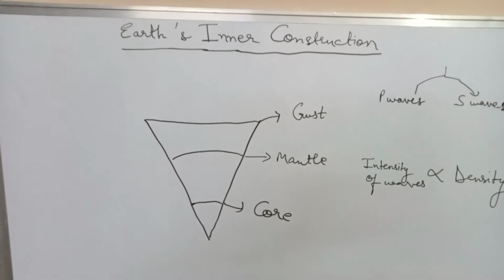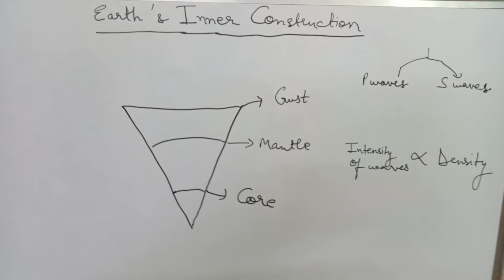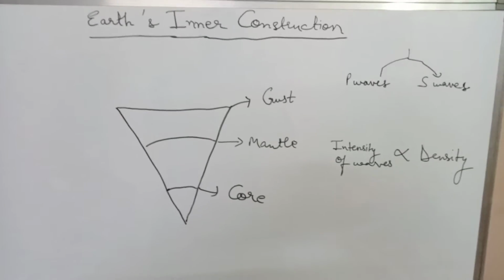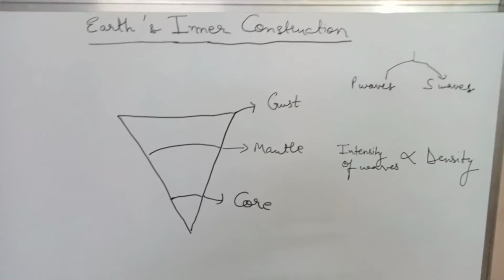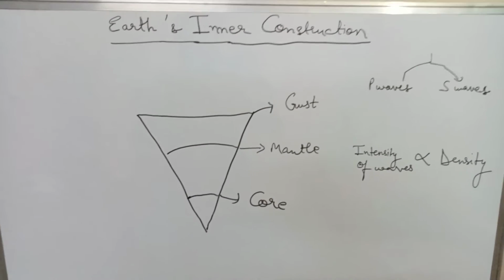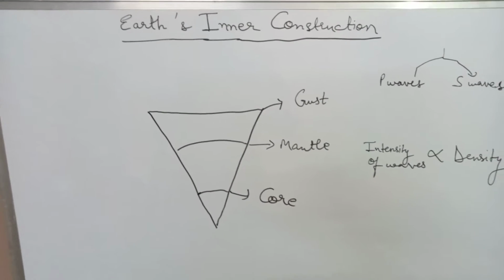It disturbs the crust, the mantle, and sometimes, depending upon the nature of the waves, it even affects the core. And therefore the density also varies. Density varies depending upon the intensity of waves.